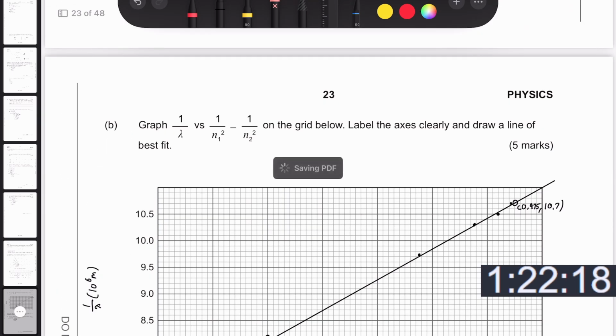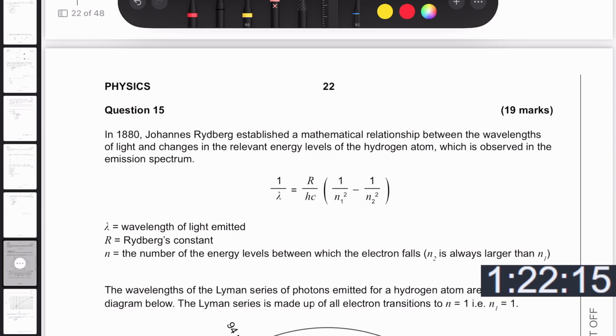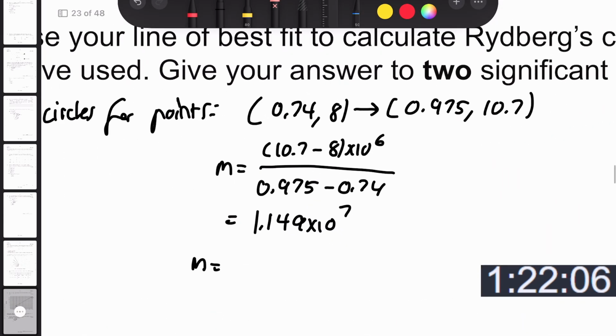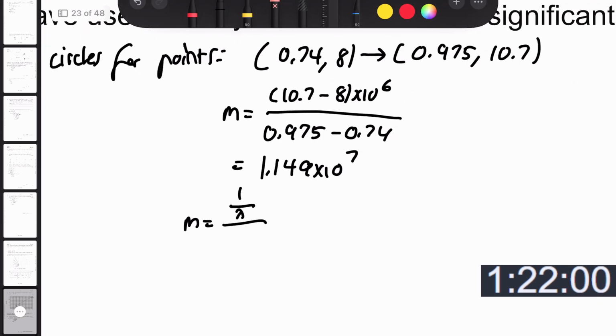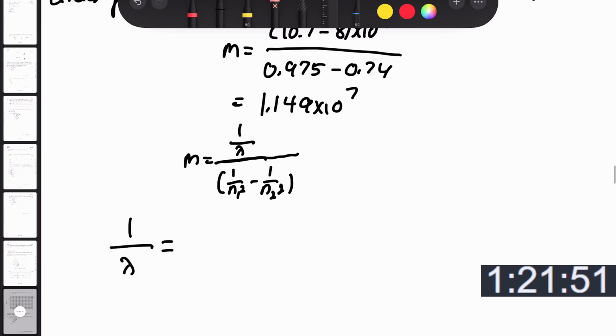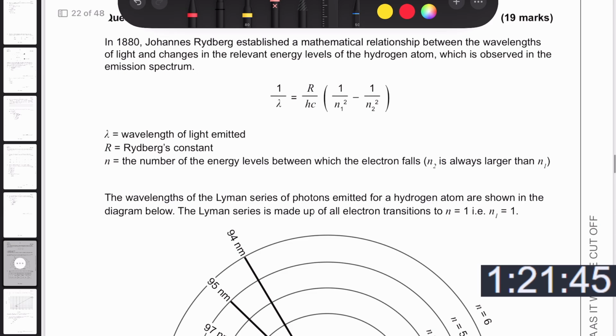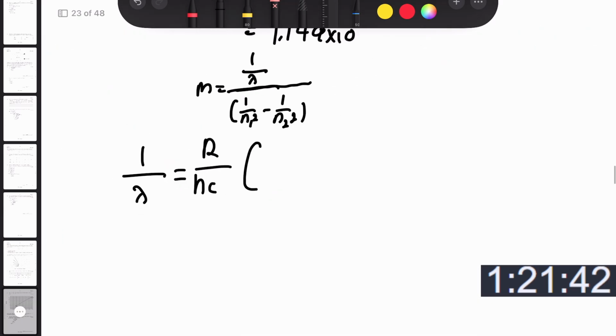And M is equal to 1 on lambda over 1 on n1 squared minus 1 on n2 squared. Now 1 on lambda is equal to R over hc times 1 on n1 squared minus 1 on n2 squared.